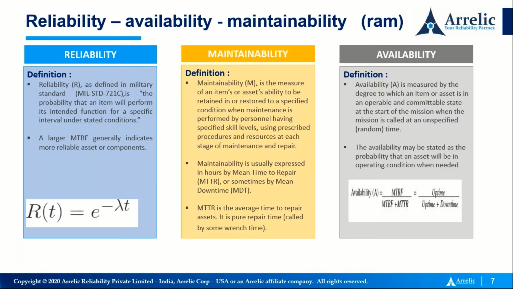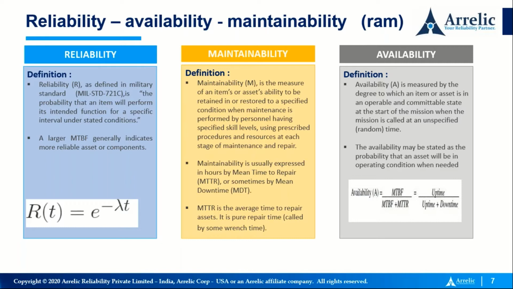Definition of availability is as defined earlier. The availability may be stated as the probability that an asset will be in operating condition when needed. How is it calculated?